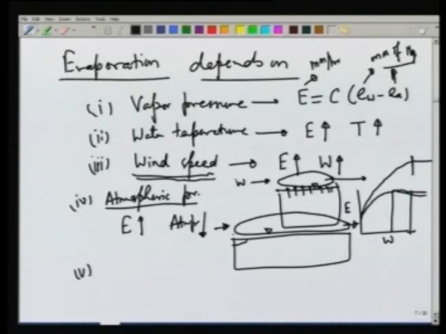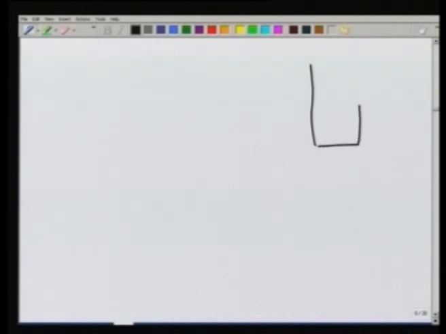The other factors which affect the evaporation: size of water body. As we have seen here, the size affects the critical wind velocity, but the size itself will affect the evaporation, in the sense that if we have a water body which is shallow or a water body which is deep, the process of evaporation will be affected by the depth of the water body.